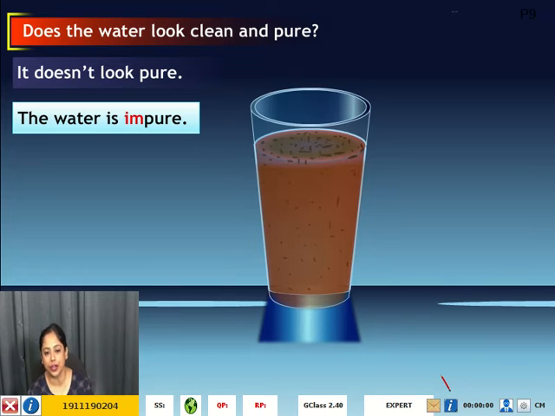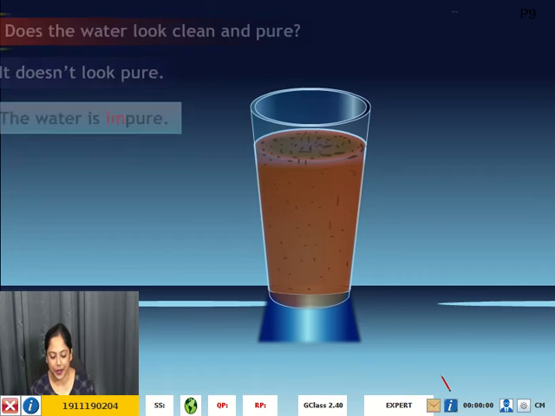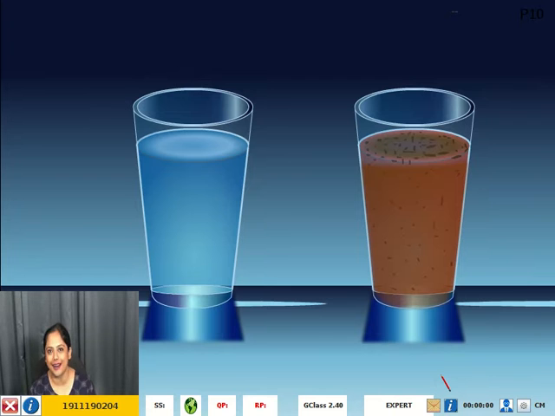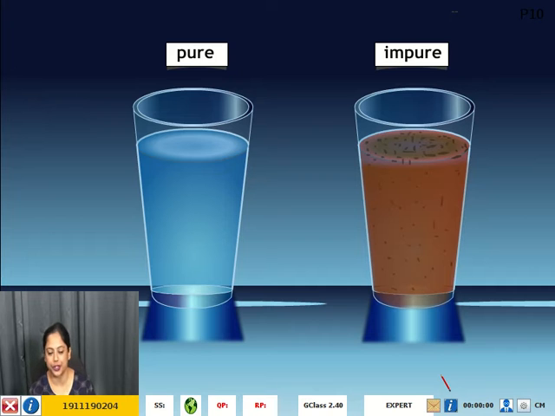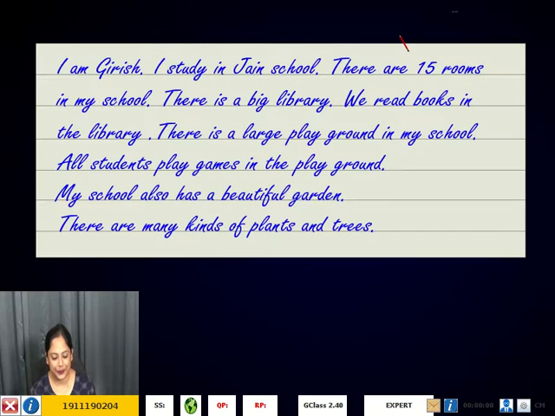We have joined or added two letters, I and M, impure, to imply something which is not pure. So here we say the water in the glass is impure. On your left, the glass is pure. On your right, the water is impure. So what do we do? We have just added the letters I and M here, right?